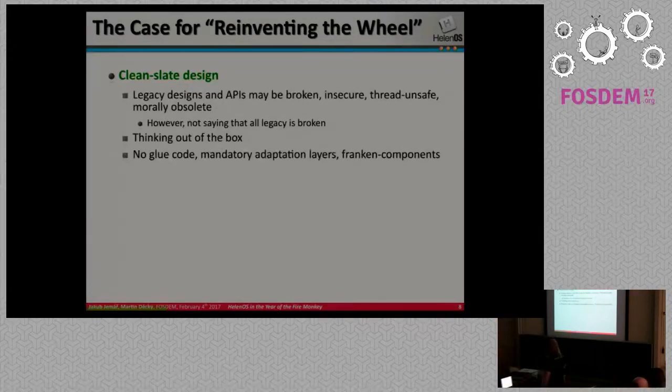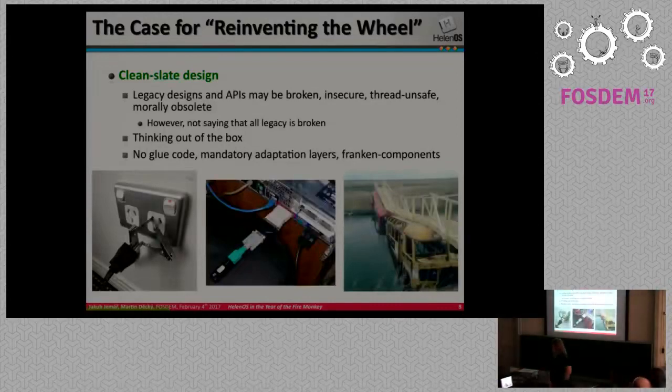We don't want them. We want our components to suit our architecture, not to somehow glue them together using adaptation layers. If you don't get my idea, I'll show you these 3 pictures and let you think for a few seconds. So we don't want this. We want a nicely designed and engineered operating system. Okay, let's move on.